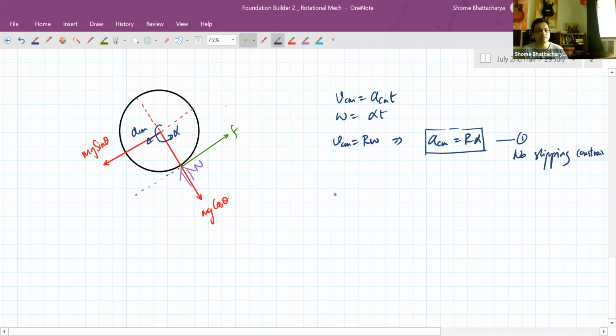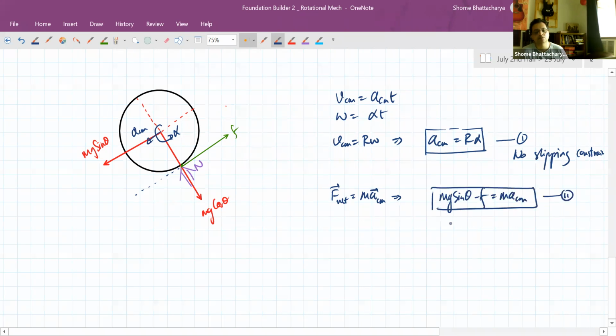Then the second thing you can write is your net force is equal to mass into acceleration. Newton's second law application. So here along the inclined plane, we will have mg sin theta minus friction is equal to mass into acceleration. So that's our second equation. We also have the equation that normal reaction balances mg cos theta, but that's not going to be important for us here.